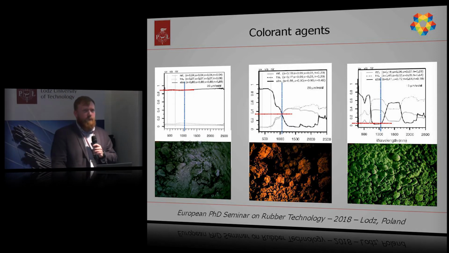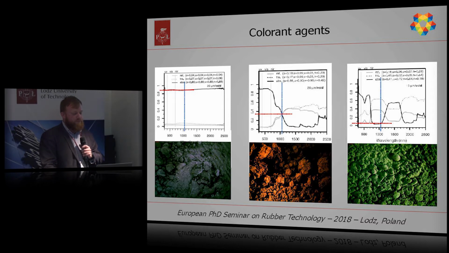Here we have pictures of how they look, and these 3 types have different absorption of the laser beam. The black one absorbed close to 90%, brown 35%, and green less than 10%.